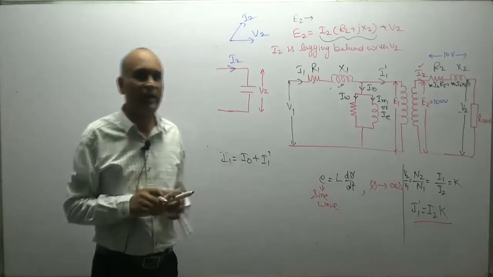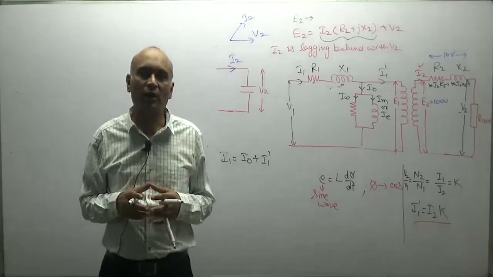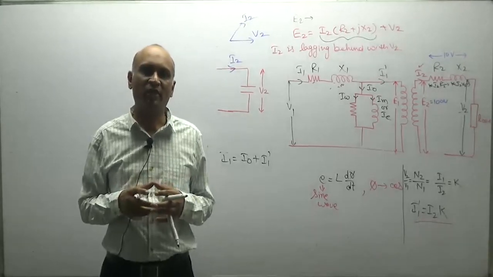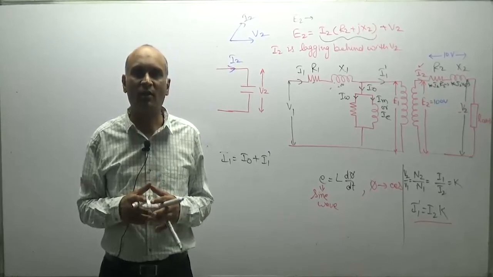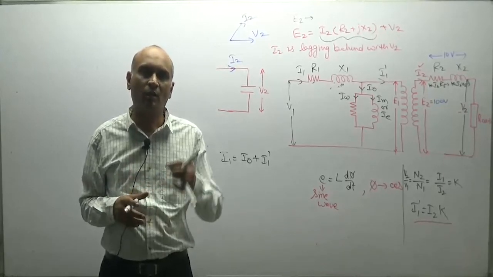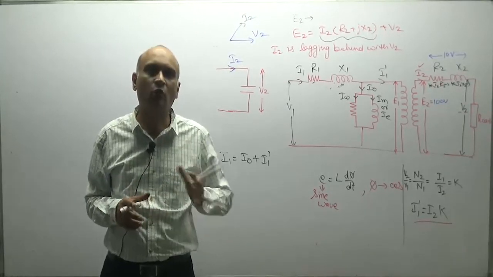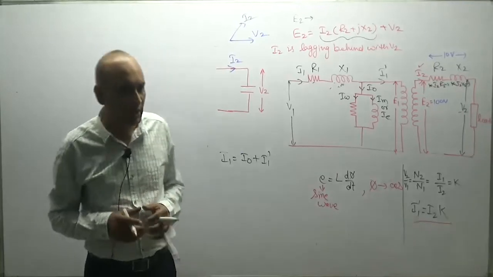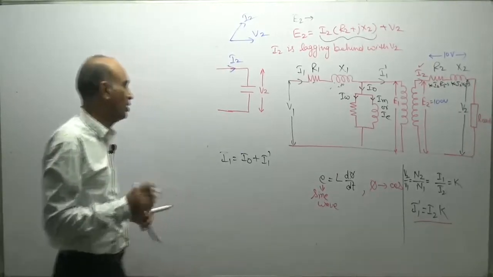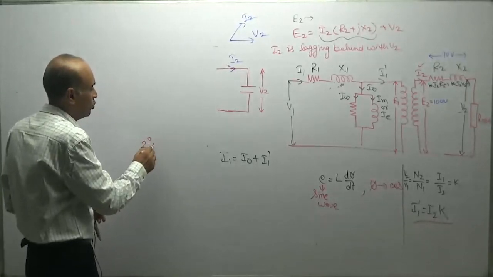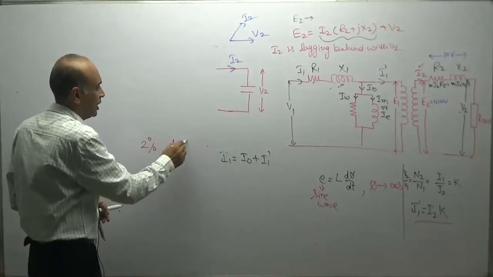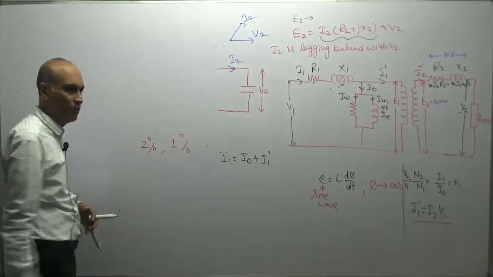Please remember one sentence. In a good quality of transformer, efficiency should be high. Voltage regulation should be very low. For example, suppose a transformer has voltage regulation 2%, another transformer has voltage regulation 1%.